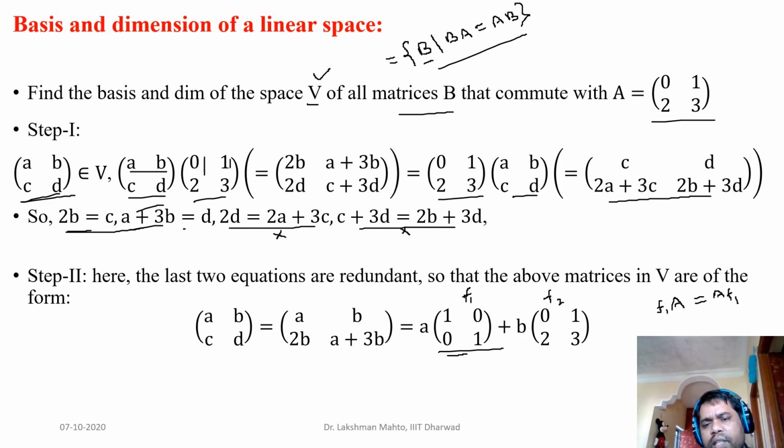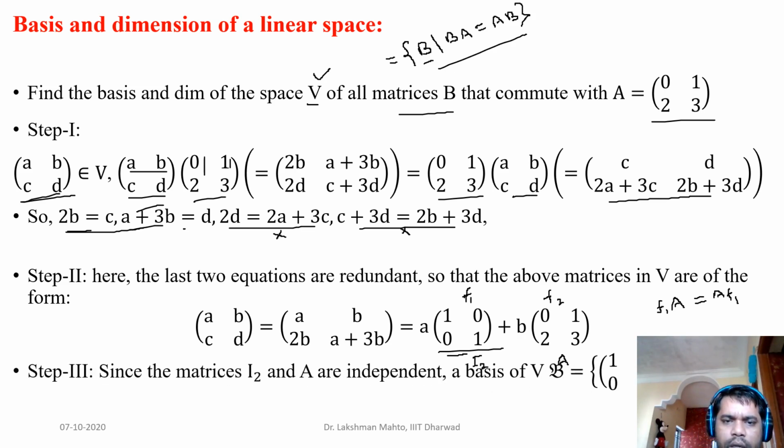What is this matrix? If you look closely, this is the 2 by 2 identity matrix. So F1 is your identity matrix, I2, and F2 is just the given matrix A. That means the basis of the given space V has only two matrices. One is the 2 by 2 identity matrix, I2, and the other is the given matrix A itself.